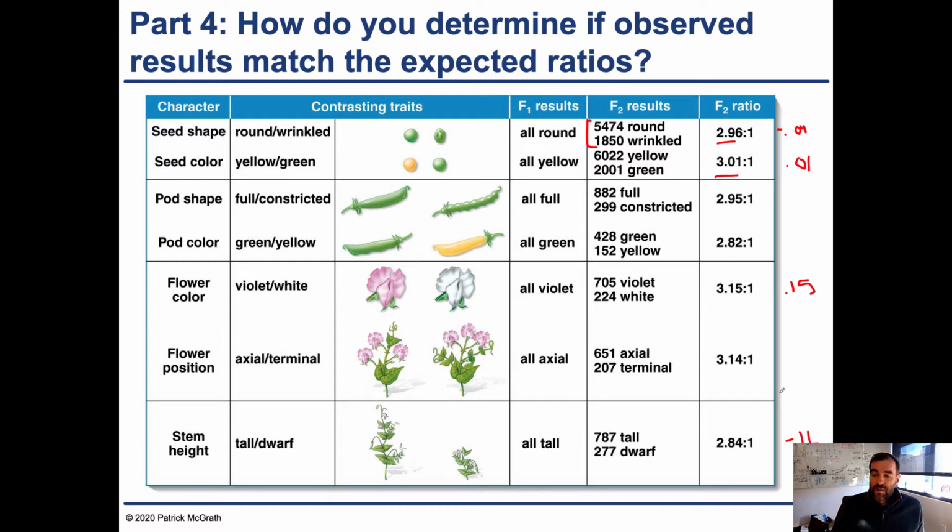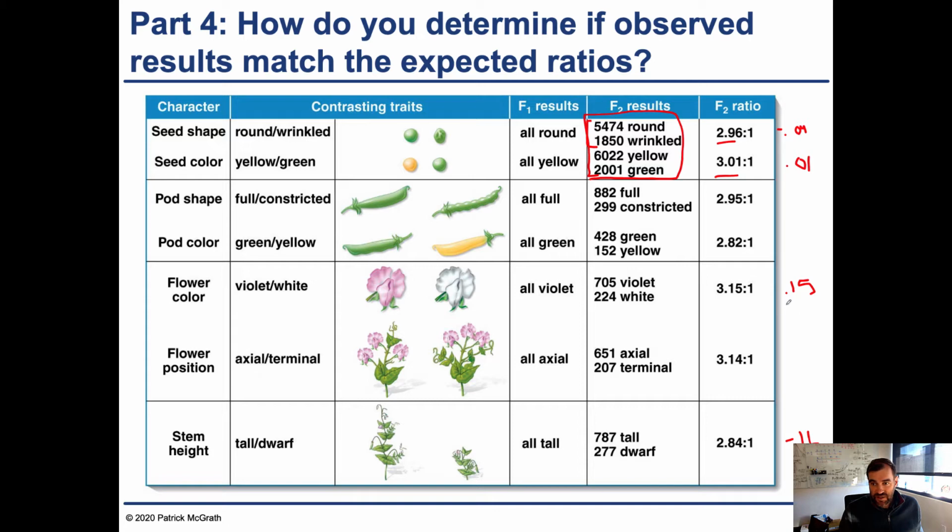As experimenters, we don't want to just say it's close enough to 3-to-1. We want some way to say, with some statistical certainty, that the ratio we observe is consistent with a 3-to-1 ratio. One thing you might notice from this data is that when there was a large number of F2s, 8,000, the deviation was much smaller than when there were only approximately 1,000.